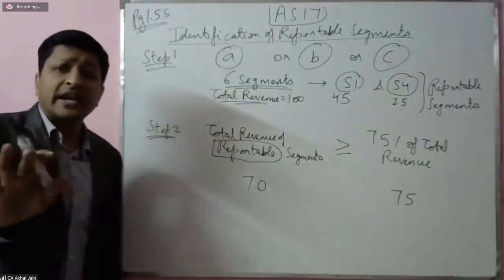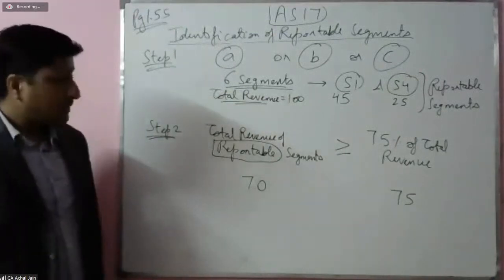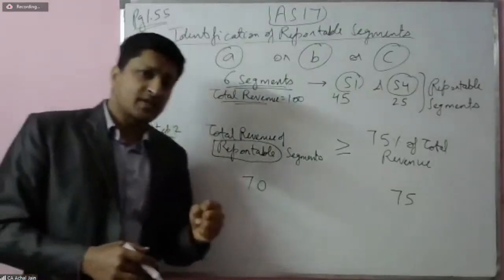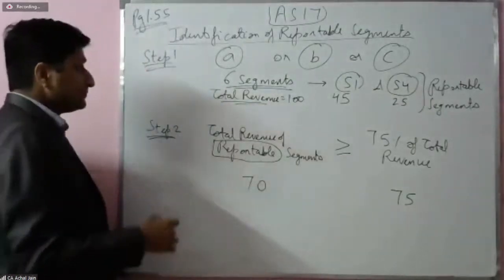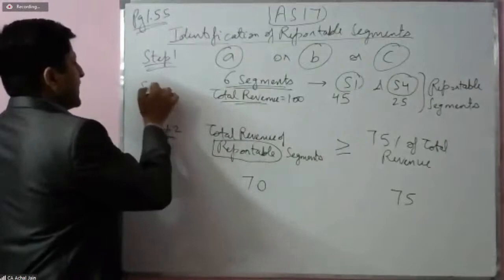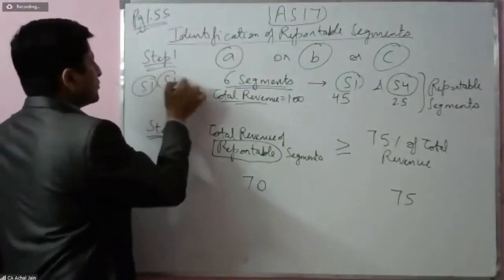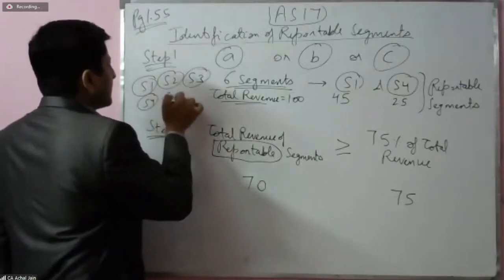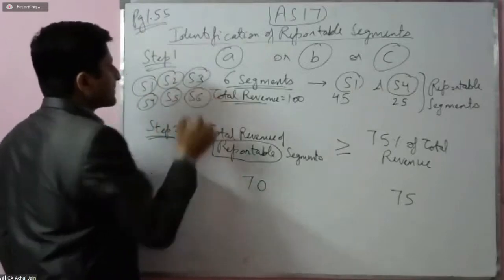If this criteria is not met, then what do we need to do? Out of the remaining segments, S1, S2, S3, S4, S5, S6.